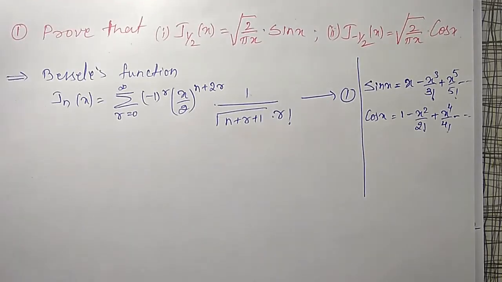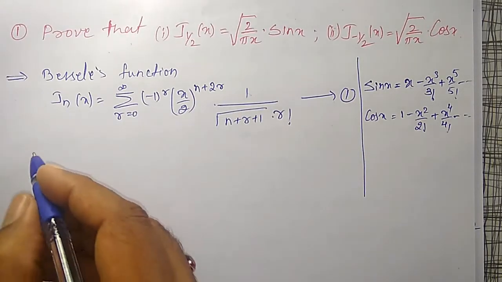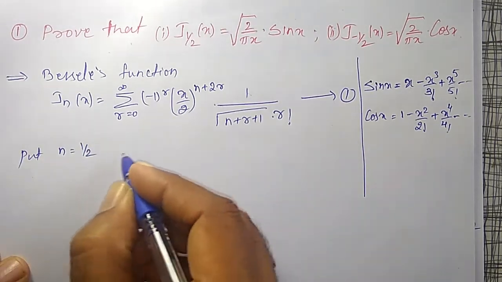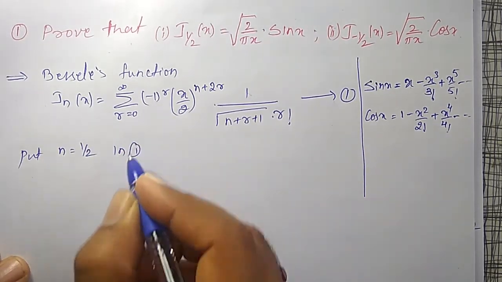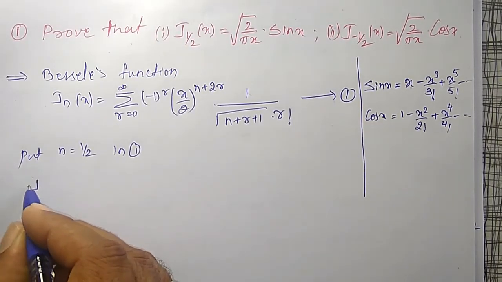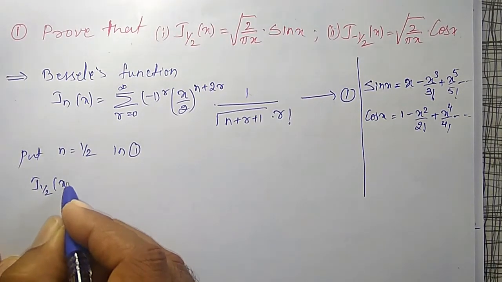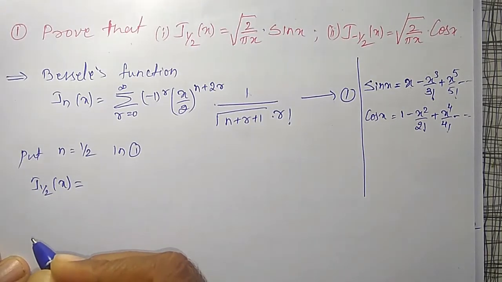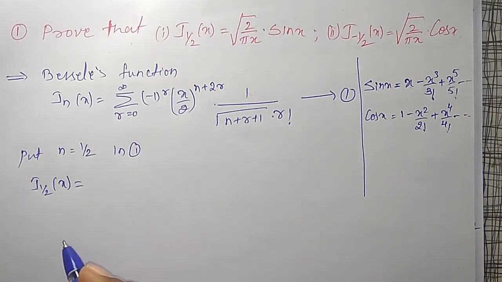Therefore, let me put n is equal to plus 1 by 2 in equation 1. Then I am going to get J half of x is equal to, correct? N is equal to 1 by 2 I am going to substitute here.